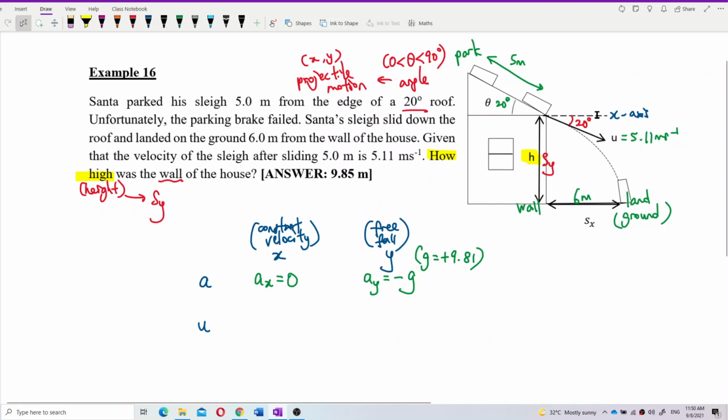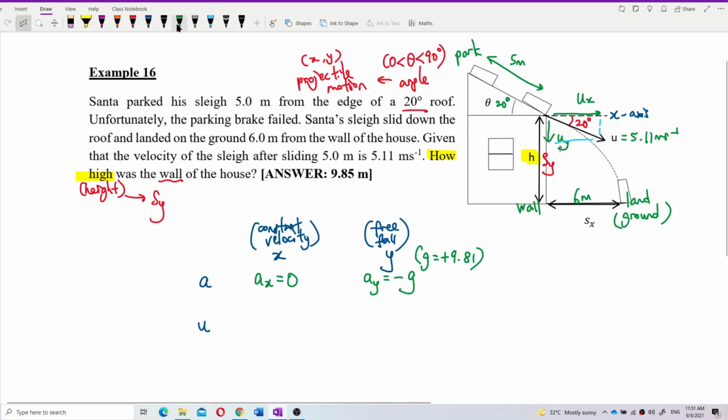So this velocity can be resolved into two components, x and y. So you have ux and also uy.